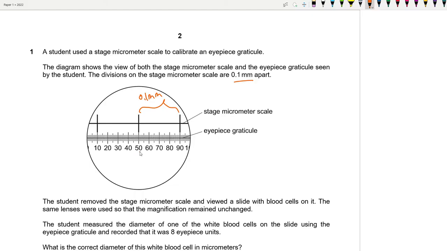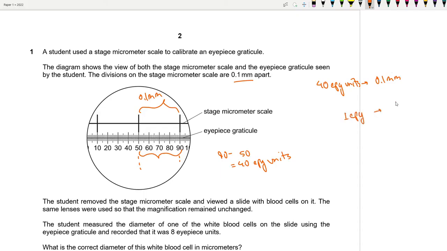So 0.1 millimeter is the same as the length from 50 to 90. 90 minus 50 is 40 eyepiece reticle units. So 40 eyepiece reticle units is 0.1 millimeter.